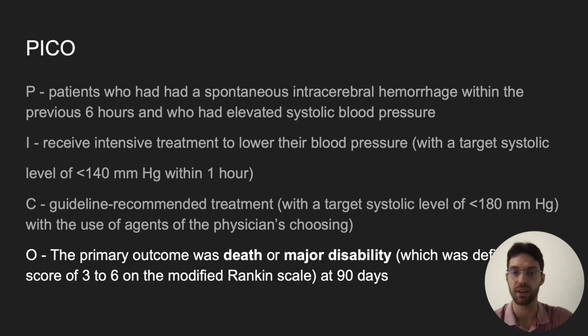The target systolic level for them was below 140 millimeters of mercury within 1 hour, compared to the standard treatment, the guideline recommended treatment targeting systolic level of below 180 millimeters of mercury, a more conservative target, using agents of the physician's choosing. And the outcome that we will focus on today is the primary outcome, that was death or major disability defined by the modified Rankin scale at 90 days, right?